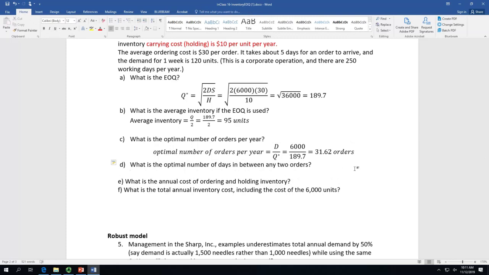Then the next one is similar. We already practiced this one. What is the optimal number of days in between any two orders?